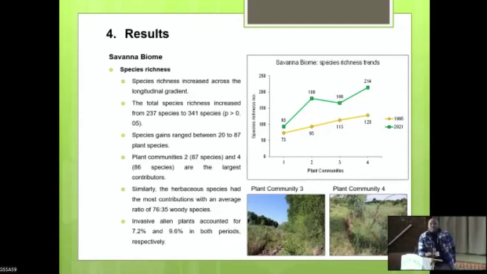Similarly, again, in the savanna biome, your herbaceous layer plays a huge role in species richness over time. But interestingly, your invasive species contributed 7.2% of your richness in 1995 and increased by about 2% over 25 years to 9.6%.